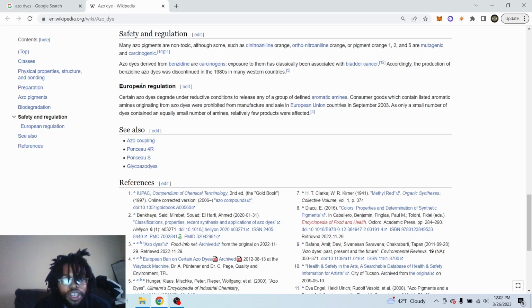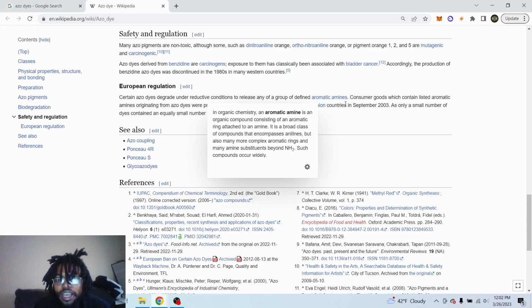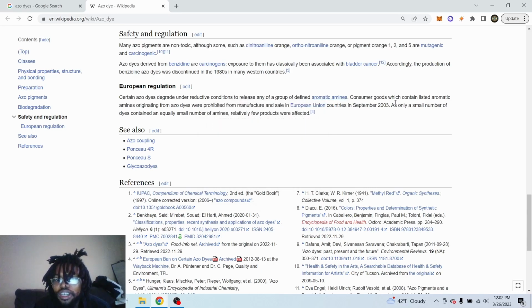So the European regulation: certain azo dyes degrade under reductive conditions to release any of a group of defined aromatic amines. Consumer goods which contain listed aromatic amines originated from azo dyes were prohibited from manufacture and sale in the European Union countries in September 2003.